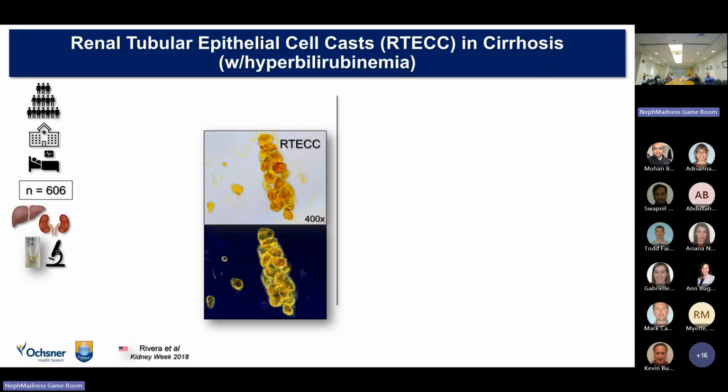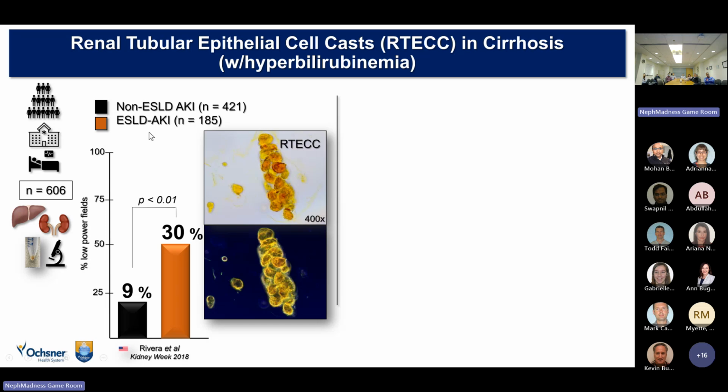So for this study, originally reported in 2018, with the most recent update of this cohort, now we have 600 patients. Essentially, we compared the frequency of finding these casts in patients with cirrhosis, in orange, compared to AKI without cirrhosis, 421 patients in black, and it's still pretty remarkable.